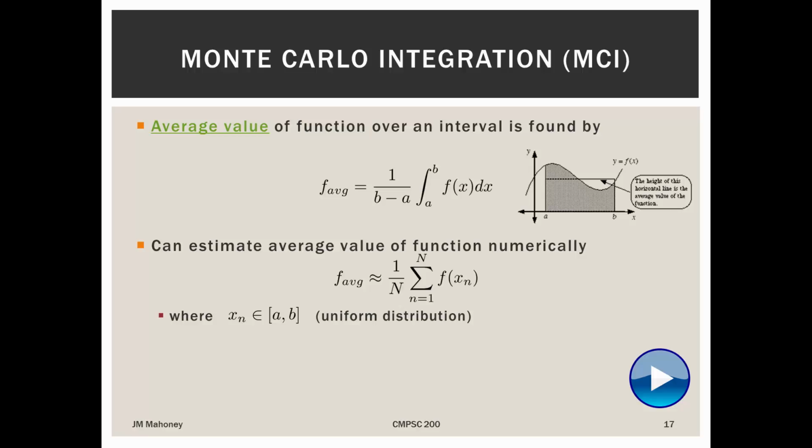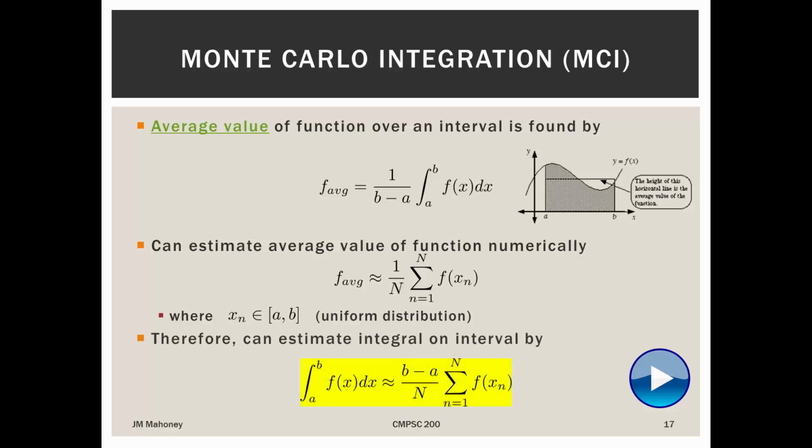And what we want to get out of this is the actual integral under the original function. Again, we might be able to use quadrature. We'll discuss in a little bit why we might not be able to, but we can equate these two values together. So f average in the first equation is equal to f average in the second equation.